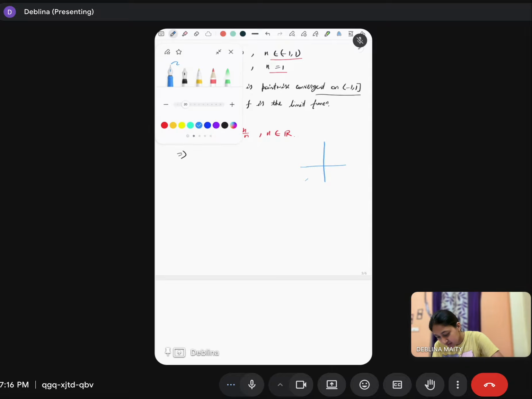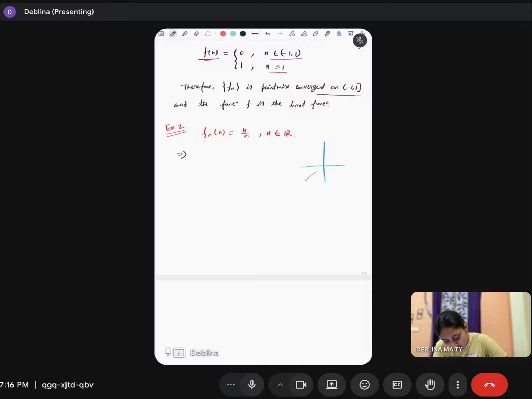So this is f1, and the second one is x by 2, so it will also be a line, so this is f2, and then this will be f3 and so on, right? Clearly if you look at the image, you can conclude that when n goes to infinity, this sequence of functions goes to 0, right? They are getting closer to the x-axis.